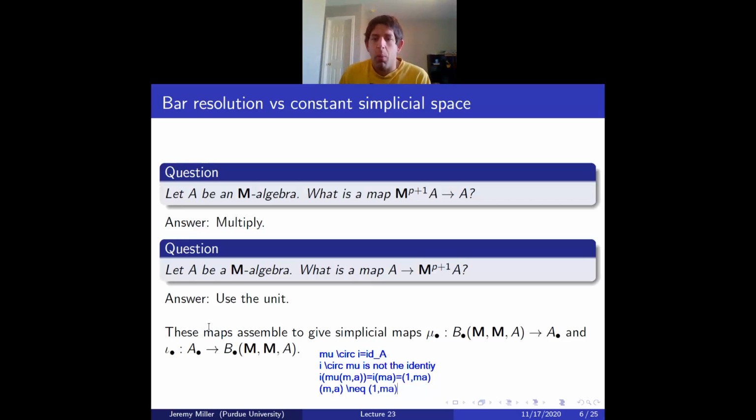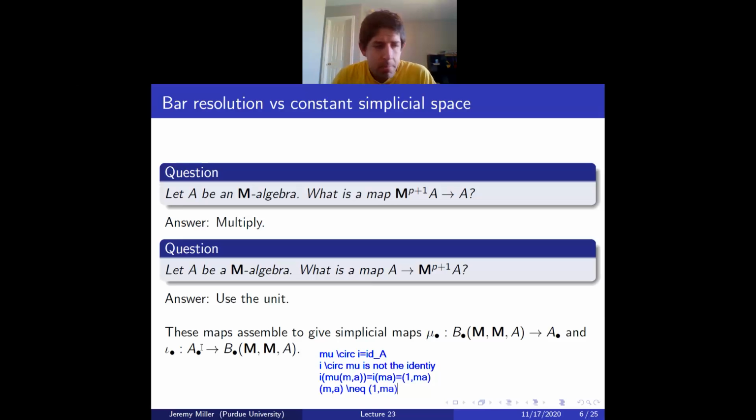So one of the compositions is just the identity, but the other is not. So we need this notion of simplicial homotopy to talk about how one of the compositions is homotopic to the identity. Any questions before I write down the formula of simplicial homotopy?